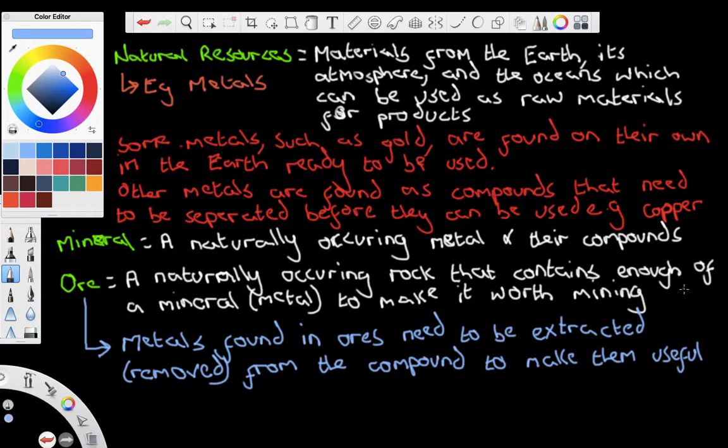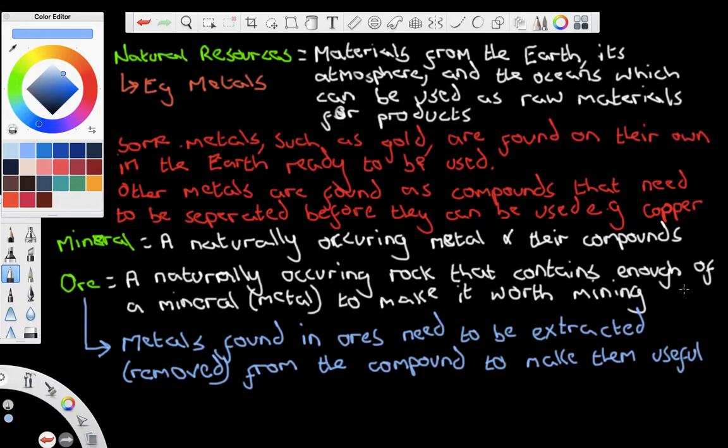Both types are known as a mineral, M-I-N-E-R-A-L, which is a naturally occurring metal and its compounds. An ore is a naturally occurring rock that contains enough of a mineral or enough of a metal to make it worth mining. Metals found in ores need to be extracted, which we mean removed, from the compound to make them useful.